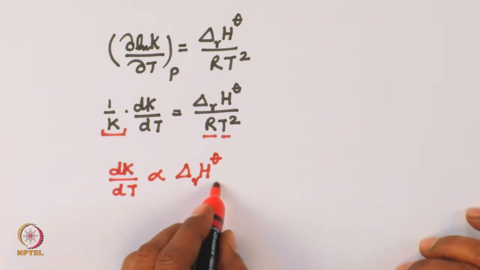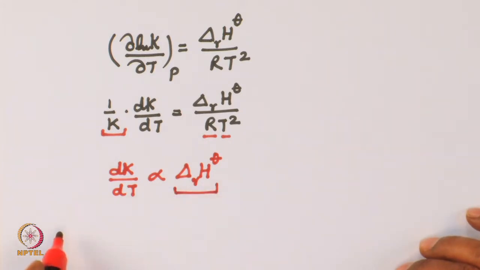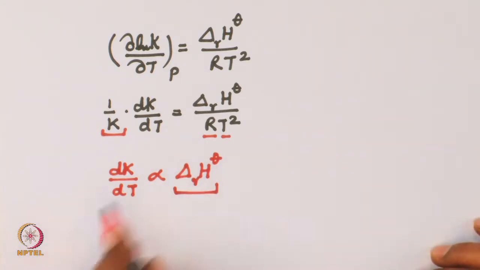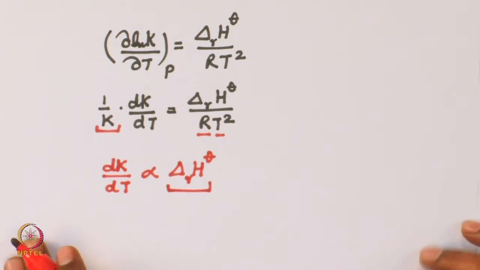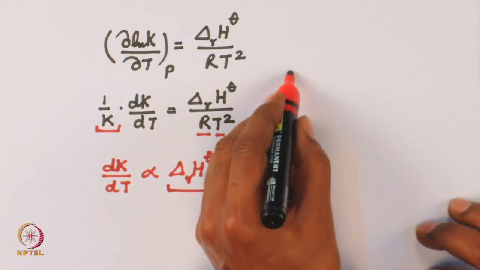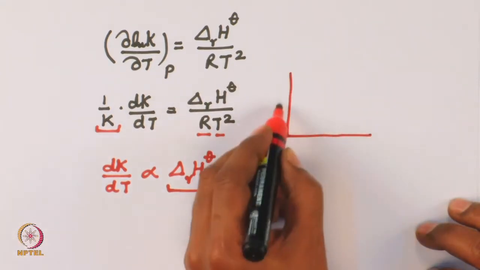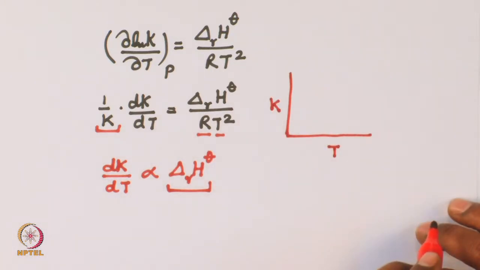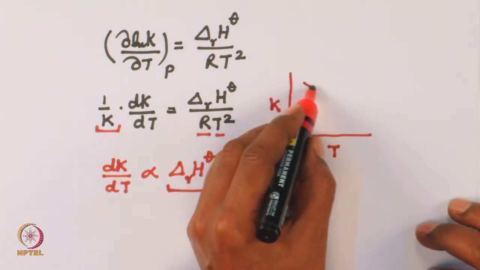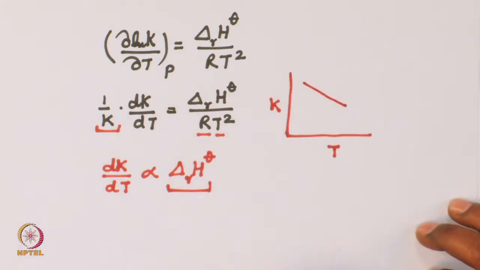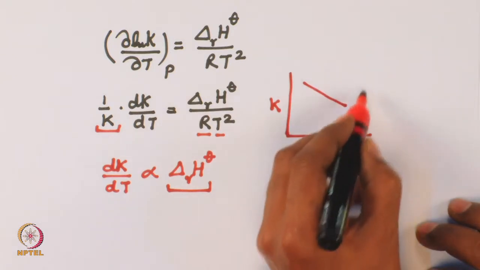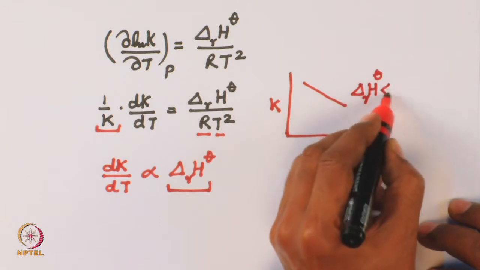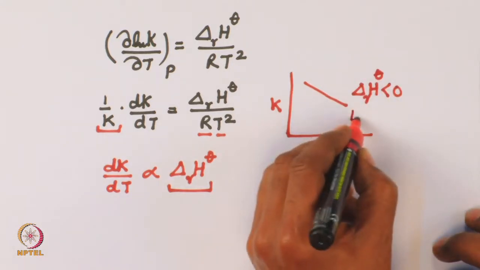And if the value of enthalpy of reaction is negative, that means the slope of a plot of K versus T will be negative. For example, if I plot K versus T and I get a behavior like this, a negative slope, that means in this case delta R H naught is less than 0. It is an exothermic reaction.